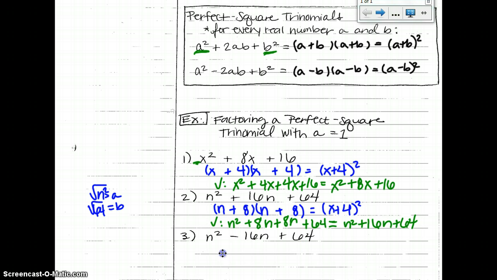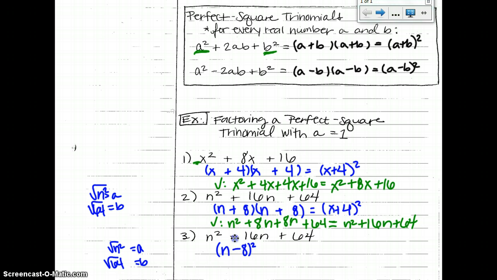Okay, our last example. Our a equals the square root of n squared, and our b equals the square root of 64. I'm going to skip this step and just write the second step. N minus 8 squared.